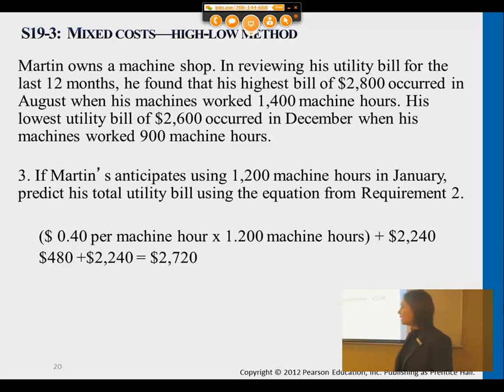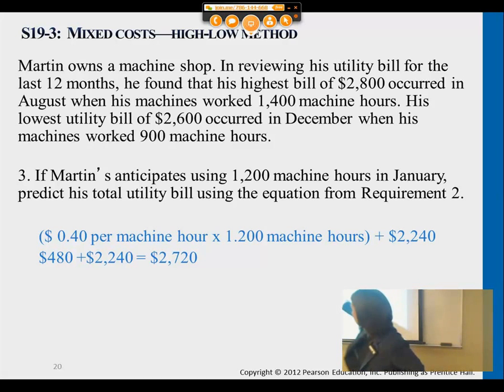So I took my 40 cents, multiplied by machine hours, and then I added the fixed cost. All right. Done? What? It's given. Anticipates using 1,200, right?